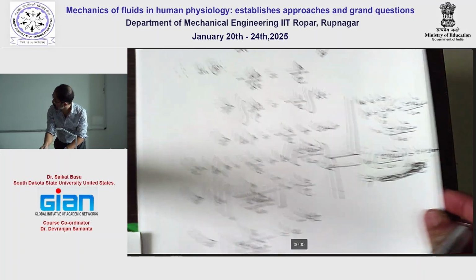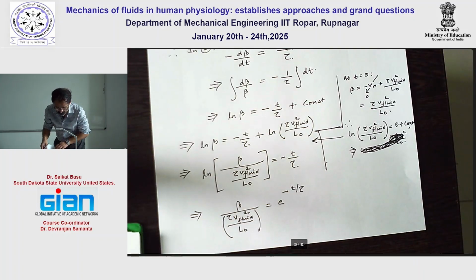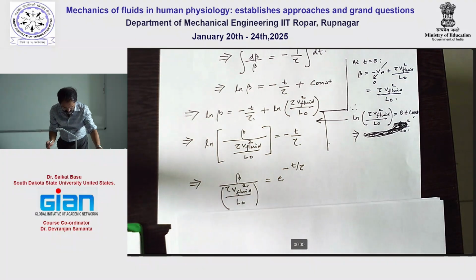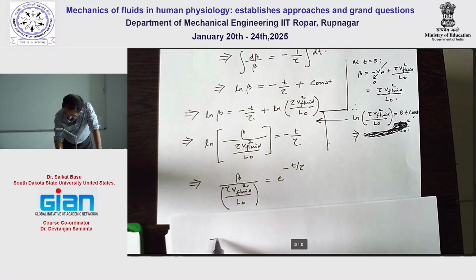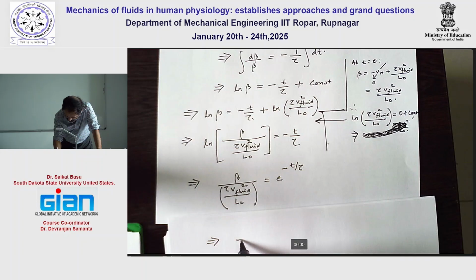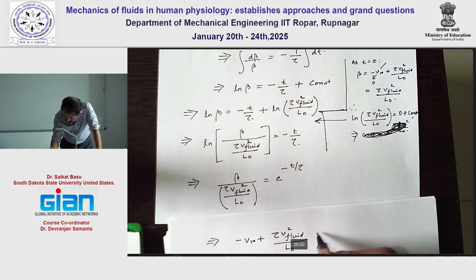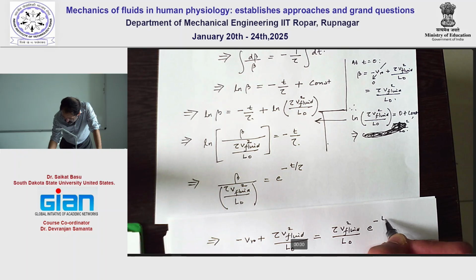So let's go to the other page. Now let's put what we had about beta back over here. Beta is minus Vr plus tau V fluid square divided by L naught, which is equal to tau V fluid square by L naught times e to the power of minus t over tau.